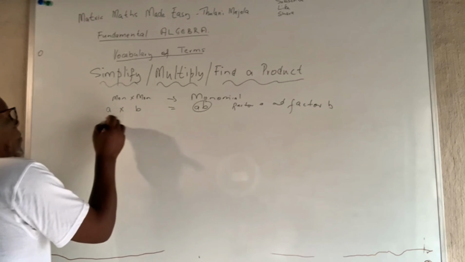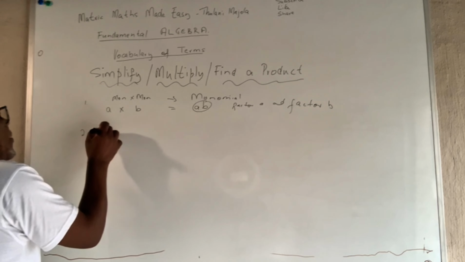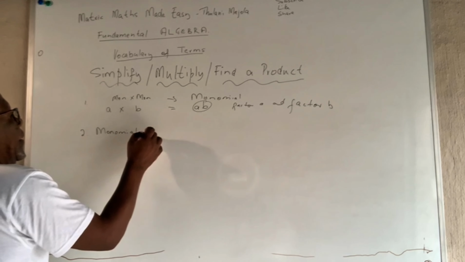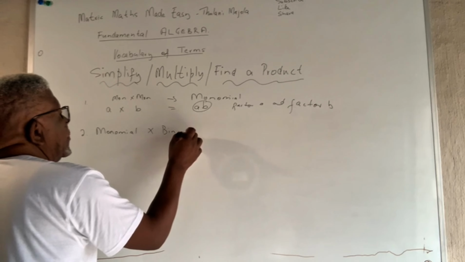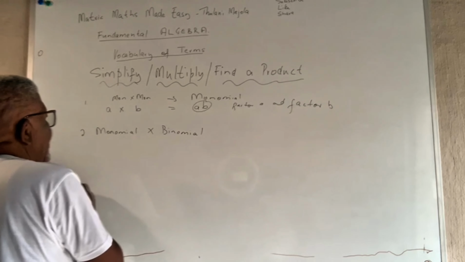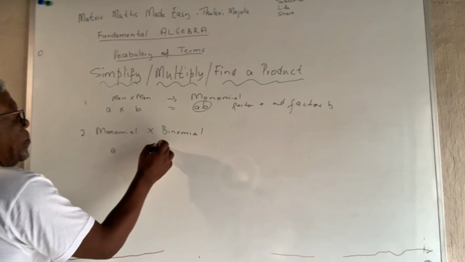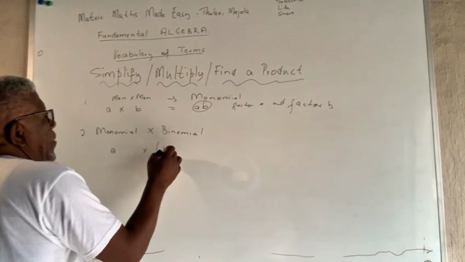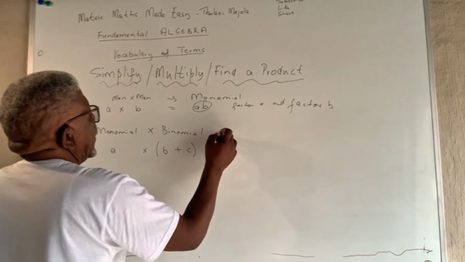So sometimes, say we got a monomial times a binomial. Let me write in full. So the monomial will be like A, and the binomial, call them B plus C. So what do you get?